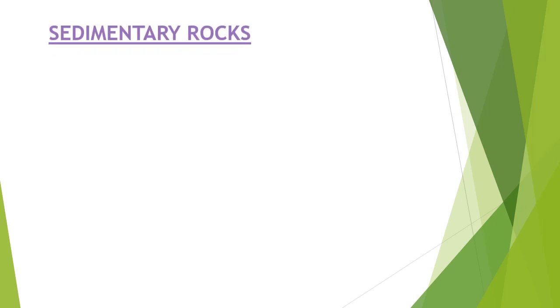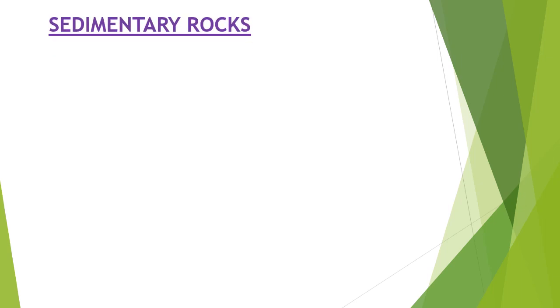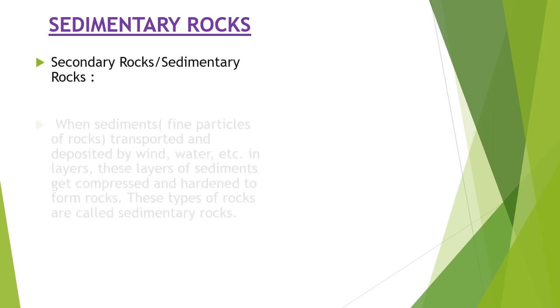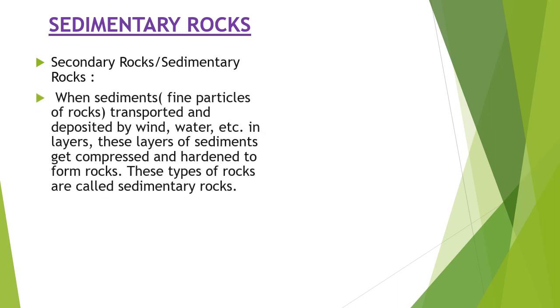Now we will see sedimentary rocks, which are also called secondary rocks. What are sediments? Fine particles of rocks. Due to some reasons, rocks break up into small pieces. So these small pieces of rocks are called sediments.